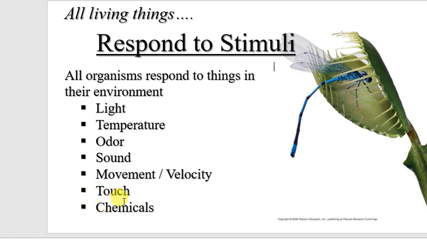Chemicals. So if organisms respond to chemicals, we call it chemotaxis. Sometimes they'll be attracted to chemical gradients. So some organisms may be attracted to higher concentrations of a chemical. Some may be kind of repelled from those and attracted to lower concentrations.